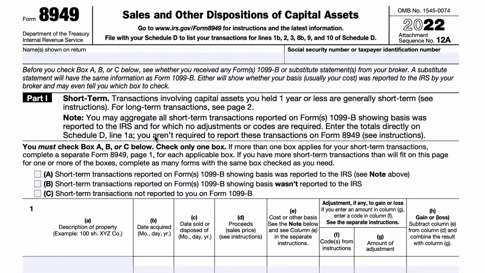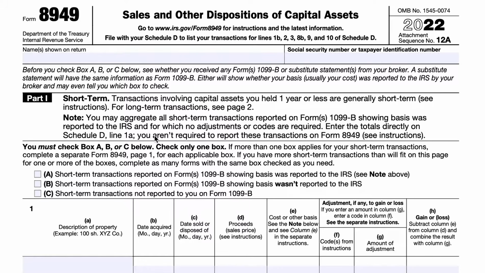There are also notes on corporations' gains and losses for partnerships, estates, and trusts, how to report certain transactions under Section 1061, as well as digital assets. So for any of those topics, please refer directly to the form instructions.